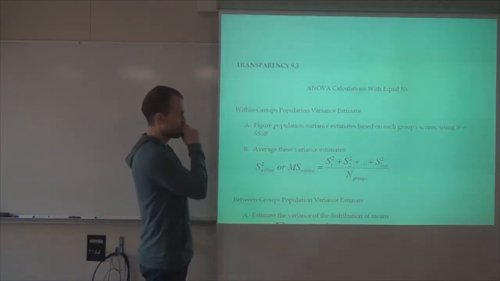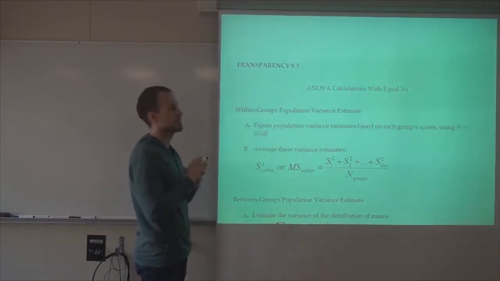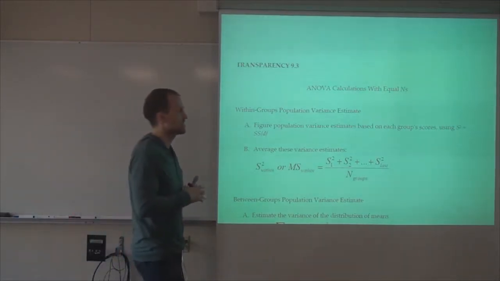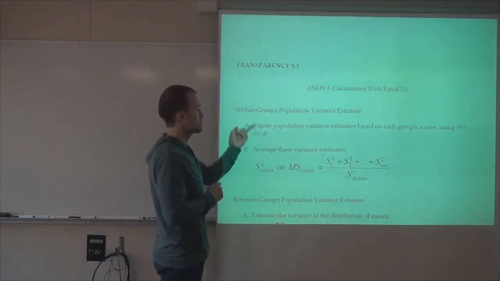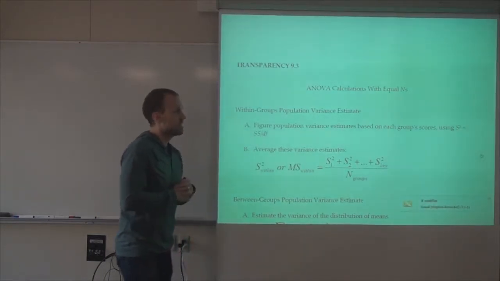So the within groups population variance estimate. I'm going to look at each of my samples, representing, hopefully, each of the populations involved. And I'm going to calculate the sum of the squares divided by the degrees of freedom, which is the sample size minus 1.